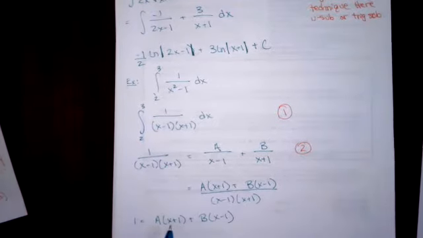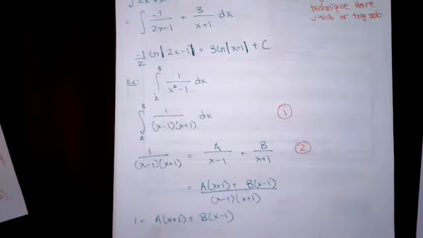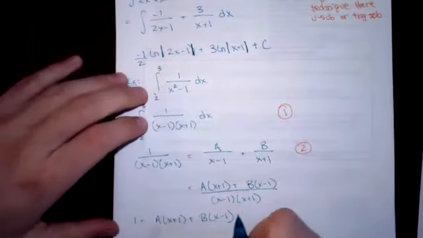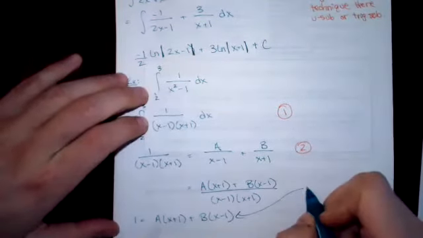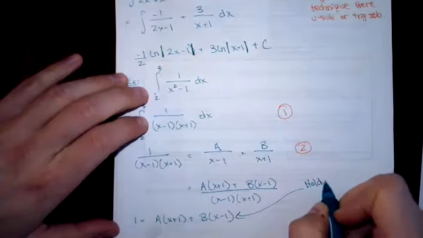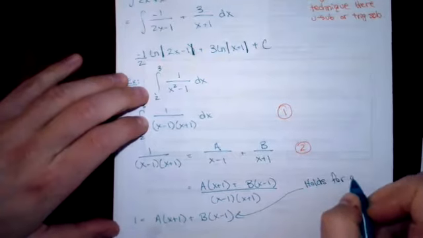And so let's do a trick now. I could distribute everything again, come up with a system of linear equations, and then solve. But the fact is that this equation has to hold for all values of x.